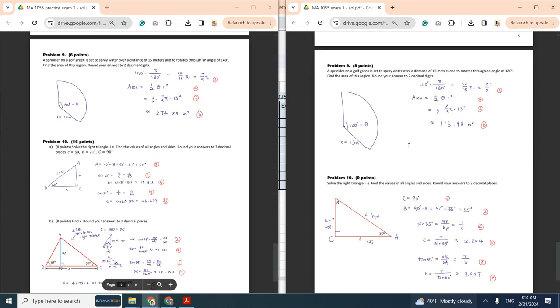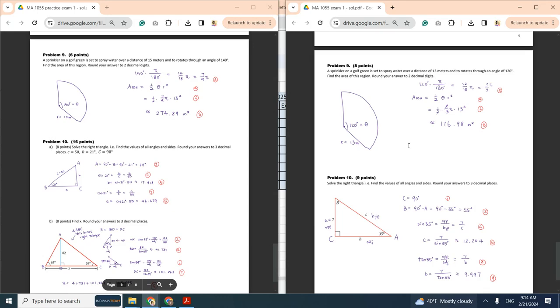So sine 21 degrees is B over C. Therefore, you can find the B. In your actual exam, I give you the opposite, that's 7. And then to find the C, opposite over hypotenuse is sine 35 degrees.